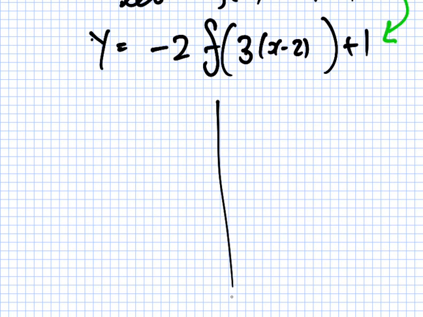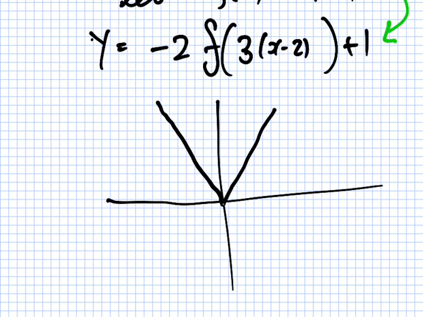Okay. So first we have a nice V shape. And here is 0, 0. So let me track the 0, 0. Okay. What happens with the minus 2 here? The 2 is twice as big. So what happens to 0, 0? It's still 0, 0. Okay.